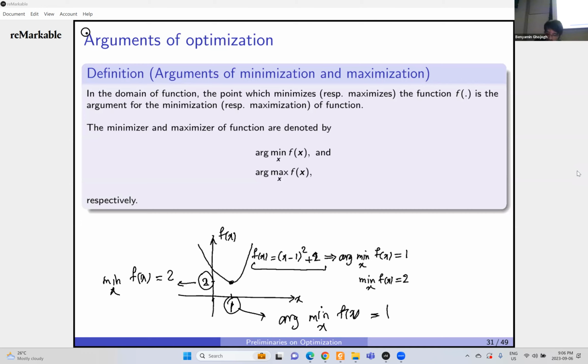Because argmin means at which x it is minimum. Minimum of f of x means what is the function value at the minimum. We have the same things for max and argmax, maximum and argmaximum. We have the same thing for arginfimum, argsupremum.